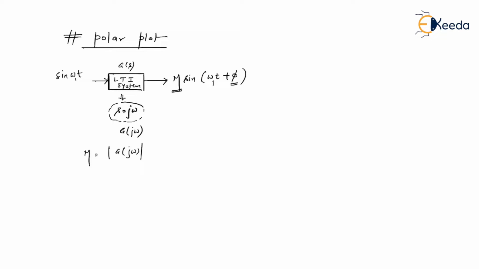So we calculate the magnitude of the transfer function g of j omega at omega equal to omega 1. Or if I want the phase, then we calculate the angle of g of j omega at again omega equal to omega 1. So basically, we take the help of the transfer function g of j omega.